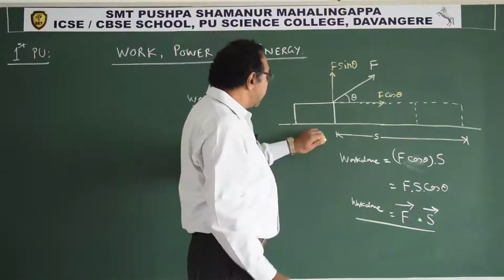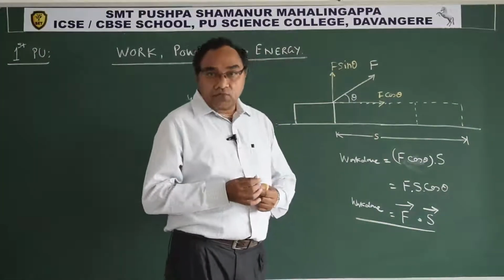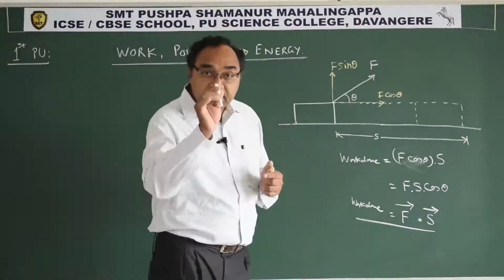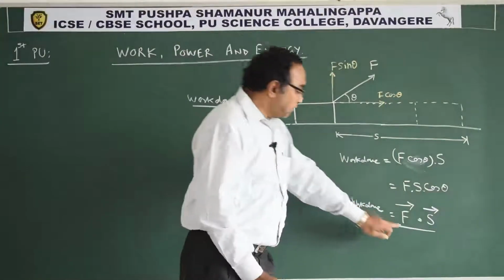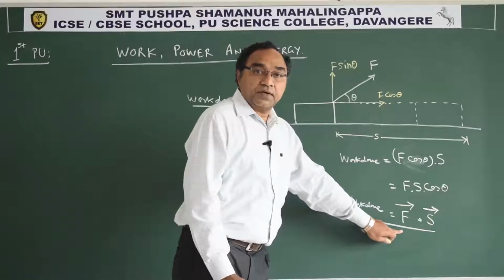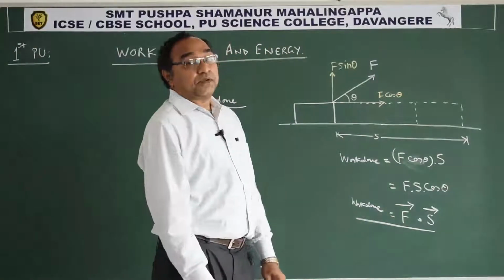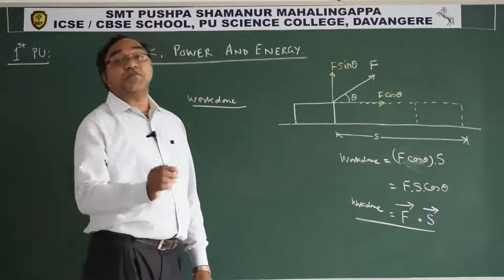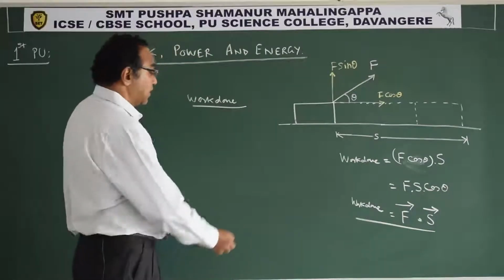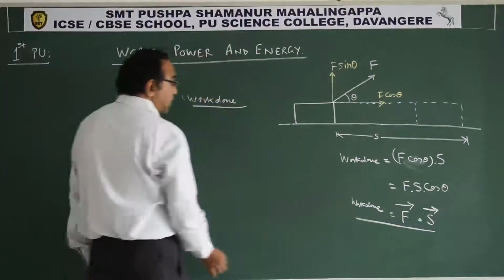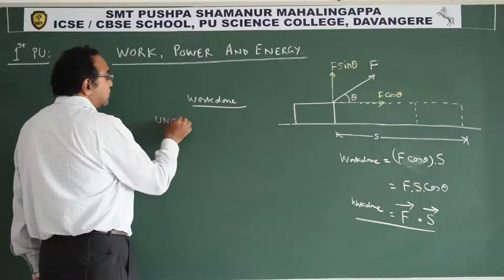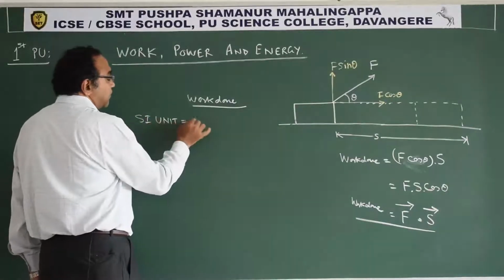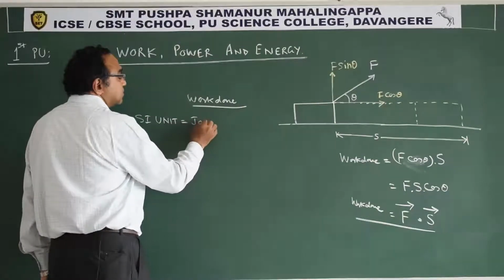So when we say in the direction of the applied force, that is exactly what is, in the language of vectors, displacement. So we have F dot S. Now the question is, what will be the unit of measurement? How to measure it? So work done, the SI unit is joules.